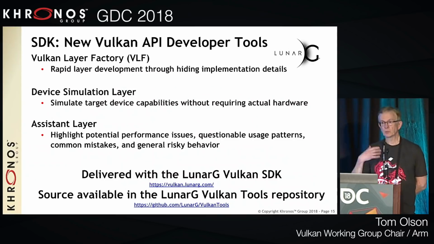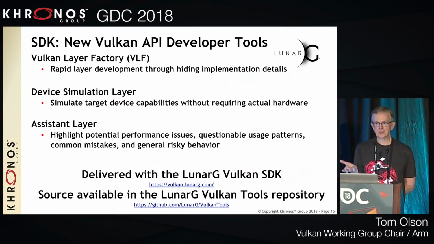You all understand the layer system, right? You can have this built-in interception system that is integrated with the loader, so you can do traces and things like that. We've always had the notion that we would deliver some layers, but that developers might also want to do their own because they don't like ours, or because they have special needs. That was the concept, but we found that developers were not really able to take advantage of it, because to write a layer, you had to know so much about how they work, and it was not worth the trouble.